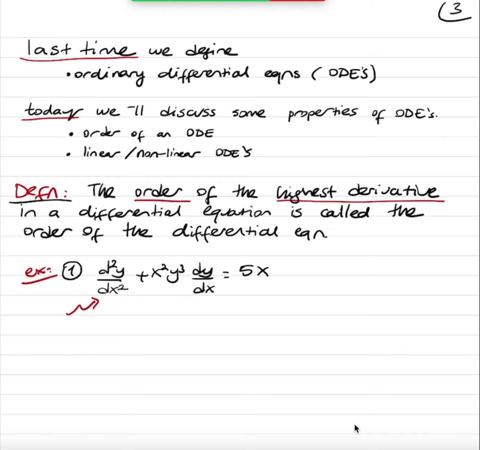We can write it like this also: y double prime plus x square y cube y prime is equal to 5x. Recall that sometimes we write the second derivative shortly as y double prime. So d square y dx square means y double prime. So this is a second order ODE.